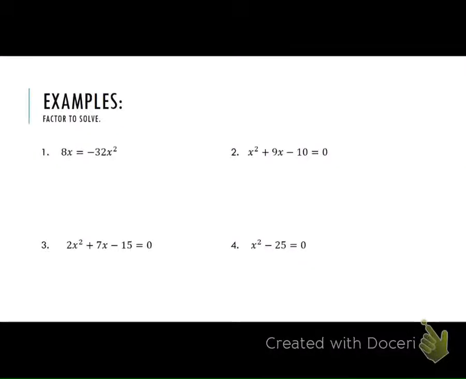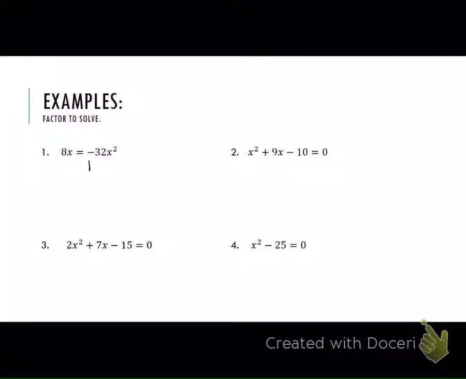So what needs to be done first on number 1 on this slide, Jana? We want to add 32x squared on both sides so it's equal to 0. Okay, Mike, what do I do now?